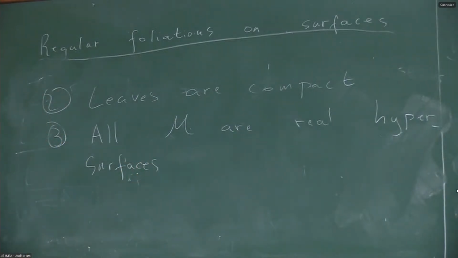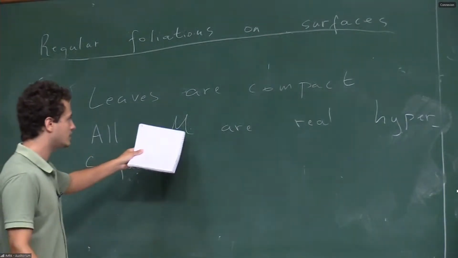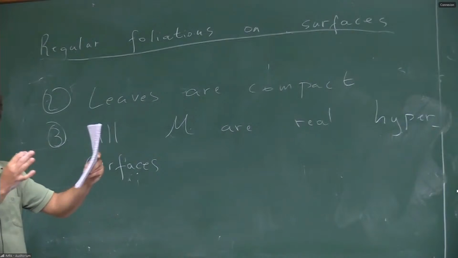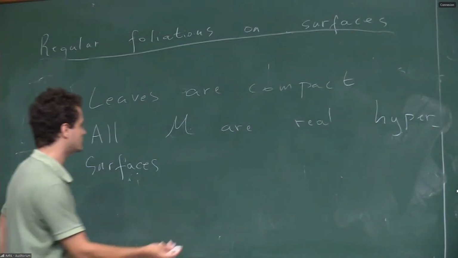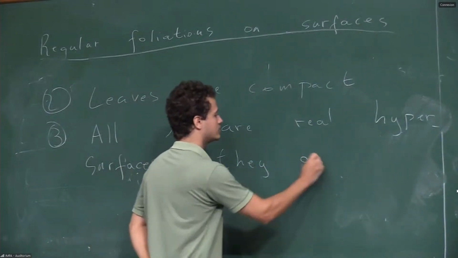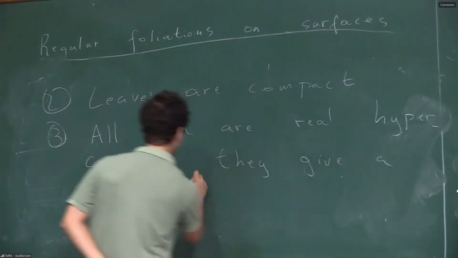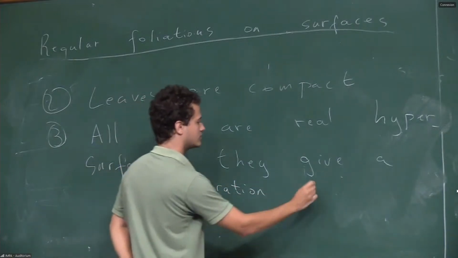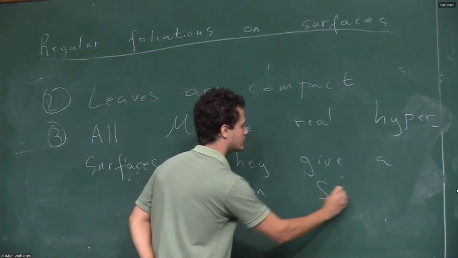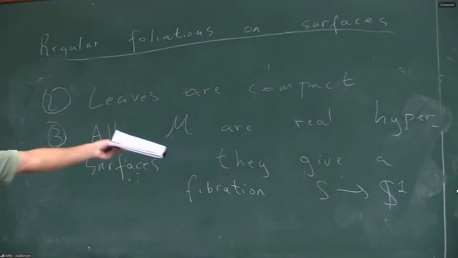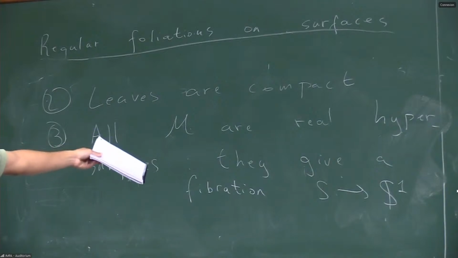And we will also rule this out because in this case, he also shows that the minimal sets give a fibration over S1. And this cannot happen because S is a surface of general type.